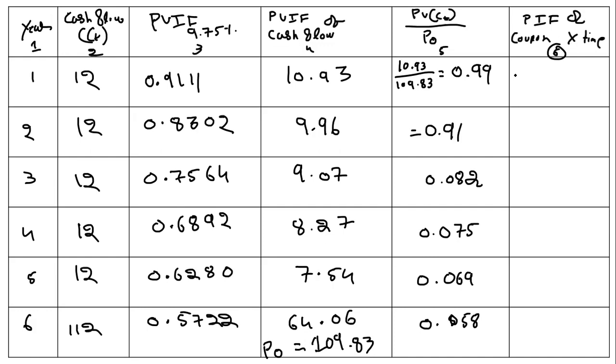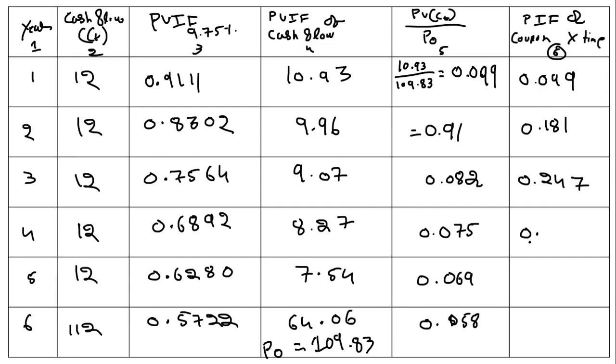If you multiply this, we get 0.099 into 1, that is 0.099. Next, multiplying this with 2 years, here 0.181. Next 0.247.